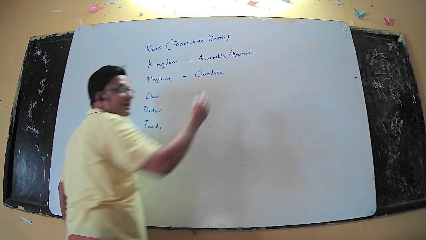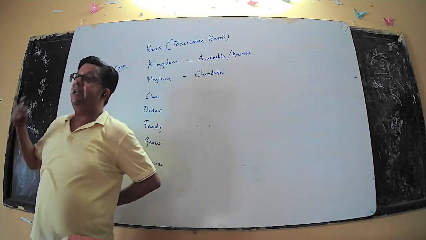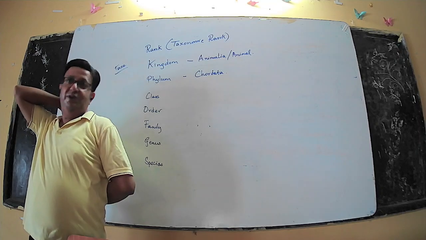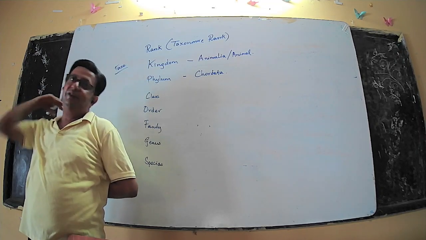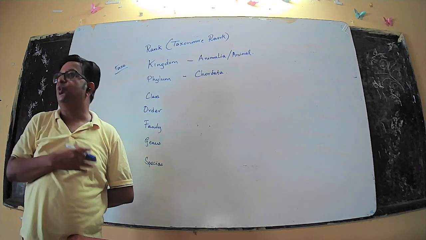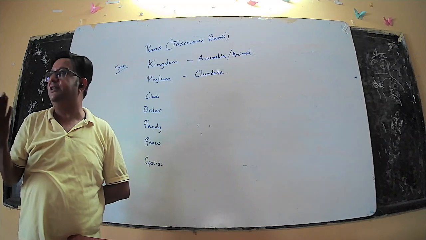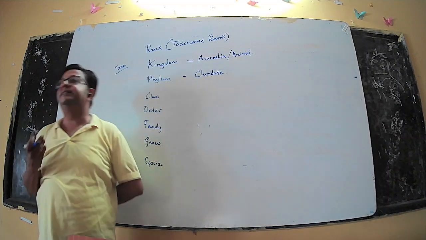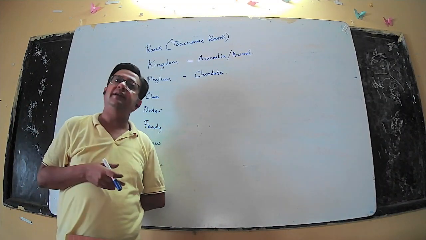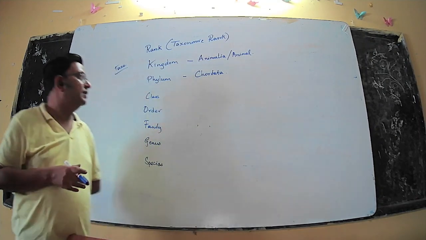Why are they chordates? Because when they were embryos, they had a notochord. When they were in the mother's womb, they had a gill slit, or even in adults, at one stage of their life they had pharyngeal gill slits, notochord and a dorsal tubular nerve cord. They are chordates.